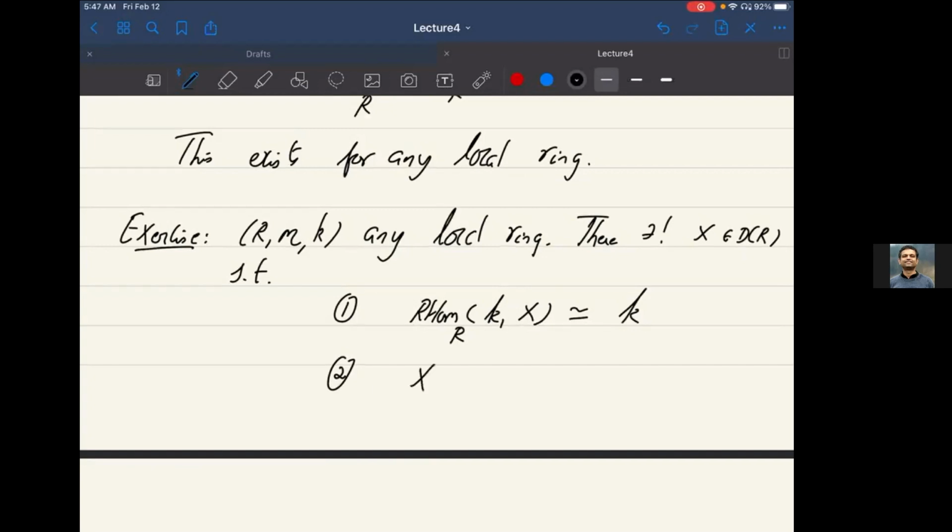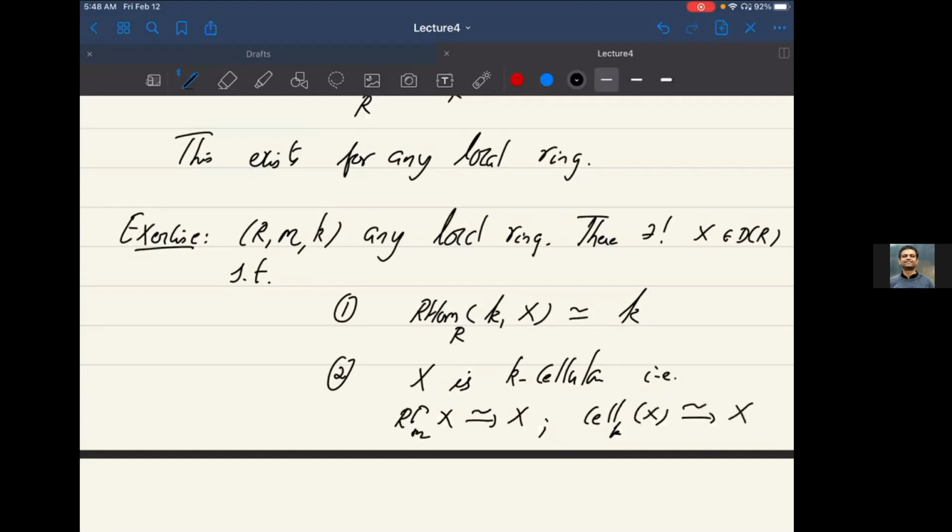So X is k-cellular, i.e., let me put it for the moment in both languages, local algebra and homotopy theory, that the local cohomology of X is X. Equivalently, this. And last time I explained that in this world, cellular approximations correspond to local cohomology functors.